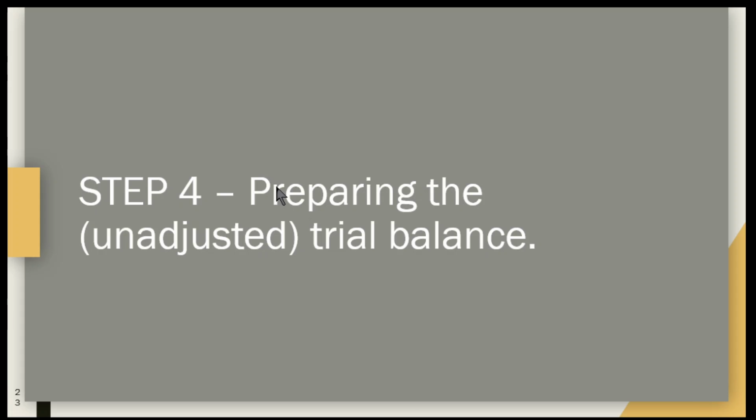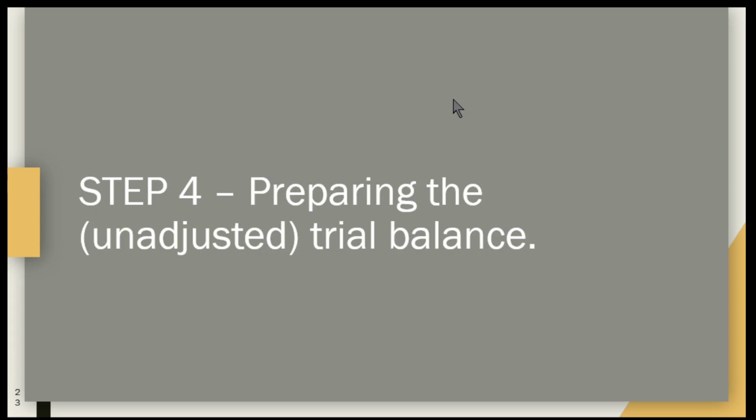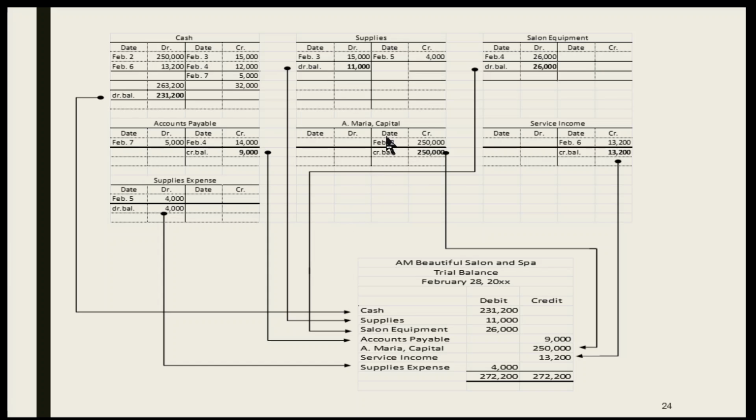Okay, step 4, preparing the unadjusted trial balance. It is unadjusted because we're basing this trial balance from the amounts here in the T accounts, and it's not a guarantee that when we prepare the trial balance it's already correct. That's why it's unadjusted. So how do we transfer that?